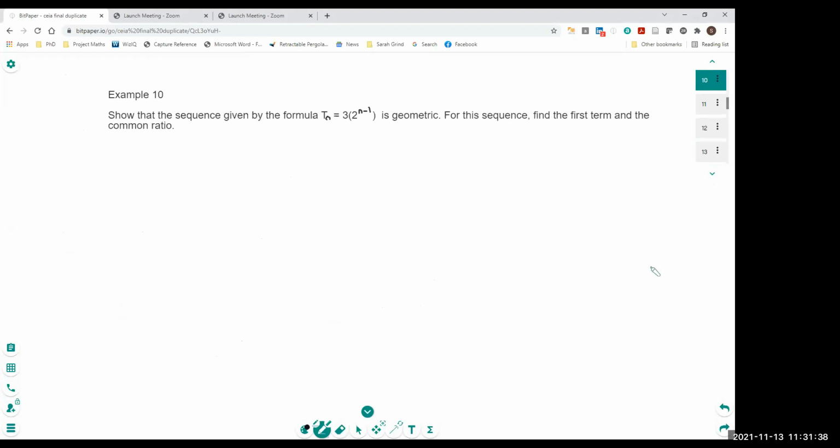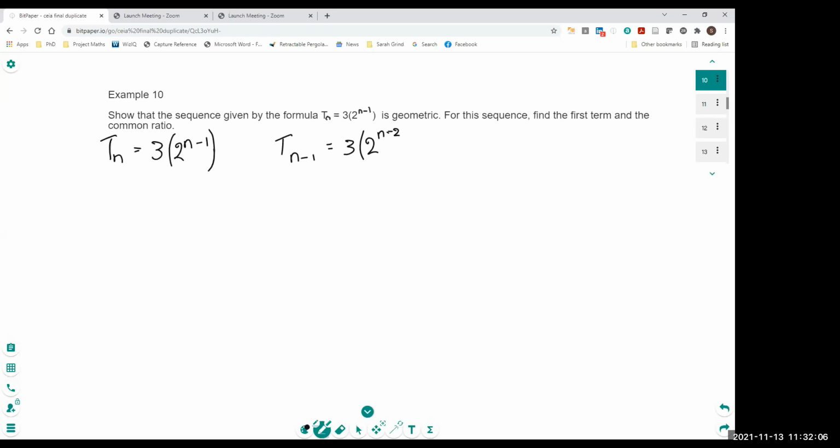Well, typically, we would divide one term by the other. So we have t of n as the general formula, and that's 3 times 2 to the power of n minus 1. And t of n minus 1, which is the term before it, is going to be 3 times 2 to the power of n minus 1 minus 1, so it's going to be n minus 2.